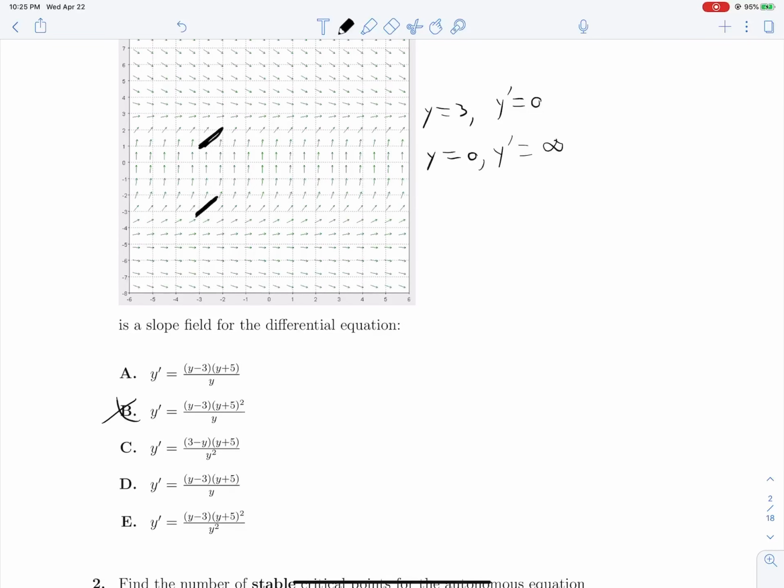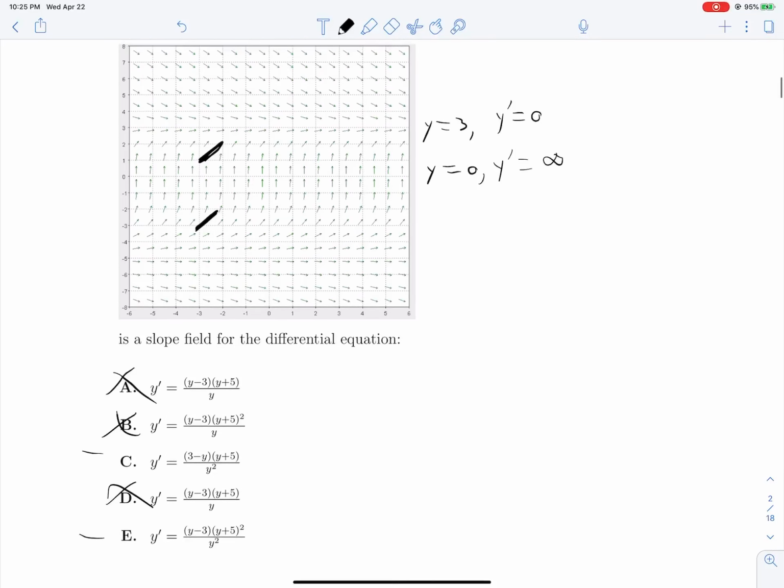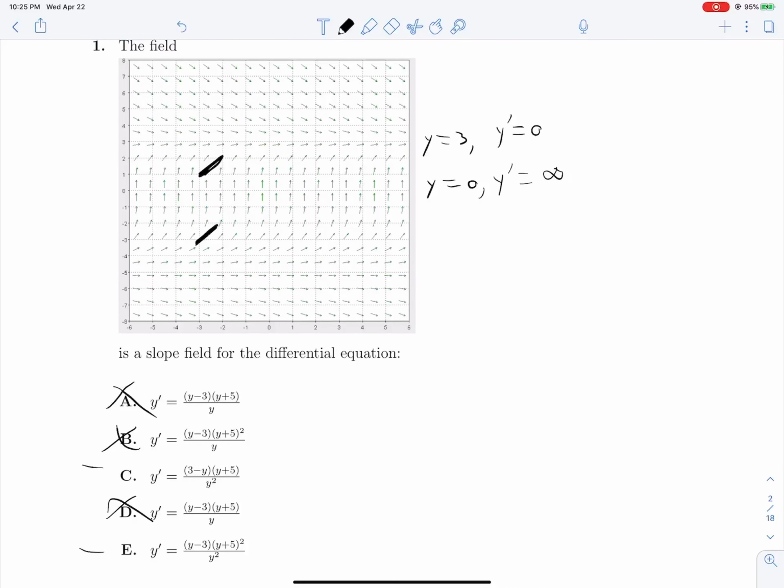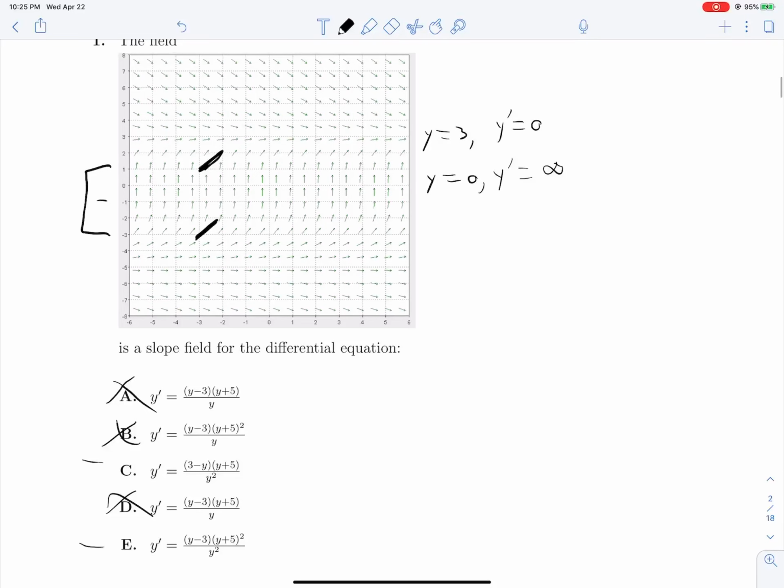So that brings it down to E or C, because for this squared term, while we are between -3 and 0, so let's say -1, if we plug in -1 to C, we will get a positive number times a positive number over something that's always positive.